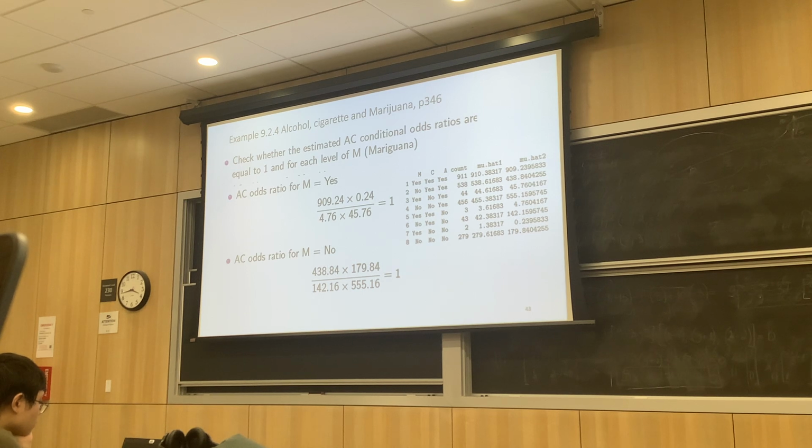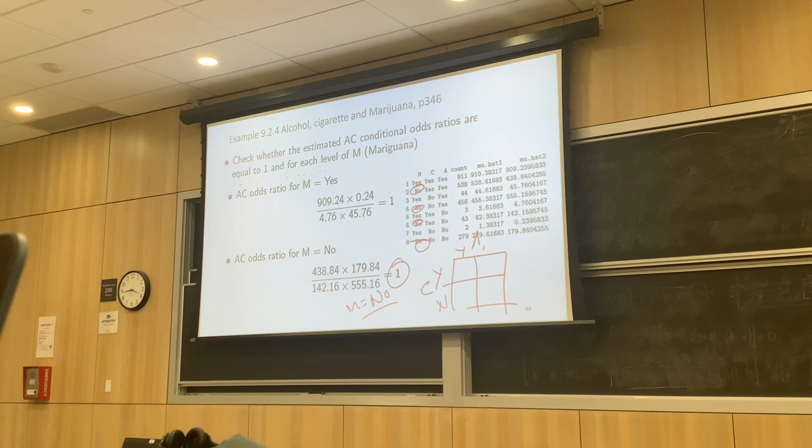And similarly, you can redo the same calculations for marijuana equals no. Just like I did, identify these categories, marijuana equals no, and identify for that table the cigarette and alcohol, yes, no, and figure out those values. And if you do that, that should be not just approximately, that should be exactly equal to 1.